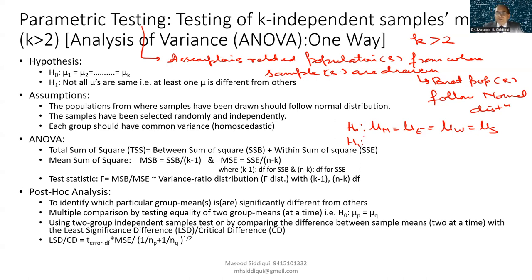It may be possible that two are same, two are different. It may be possible that all four are different. It may be possible that three are same and one is different, right? So accordingly, we will say that all mu's are not same, or we say that at least one mu i is different from other.